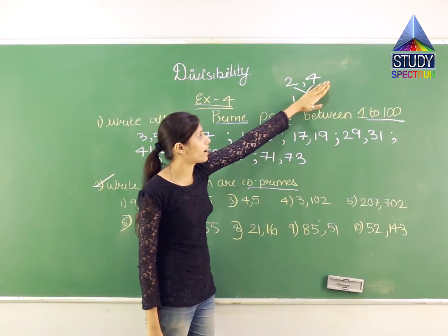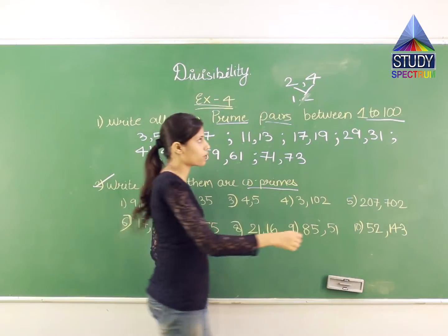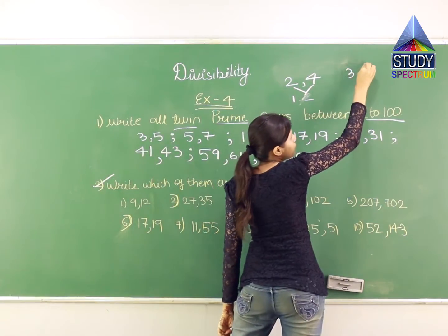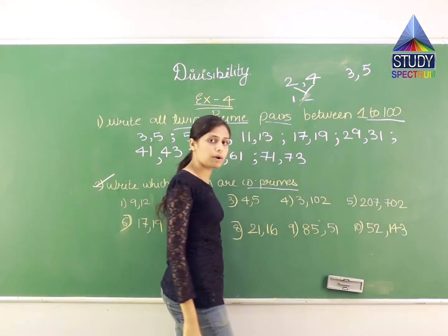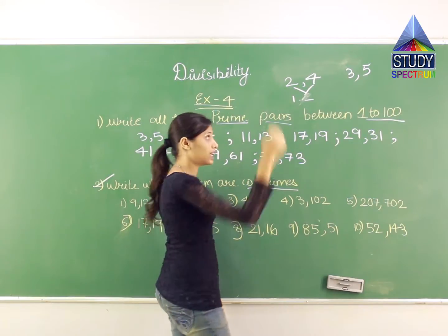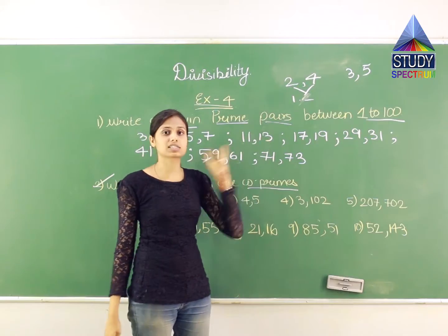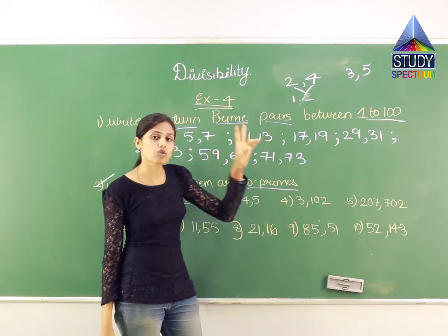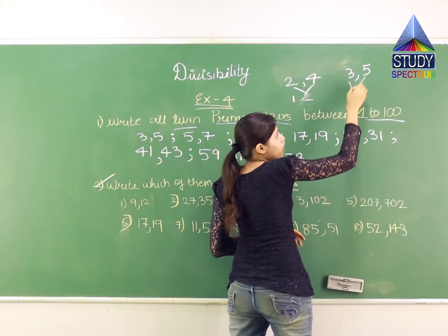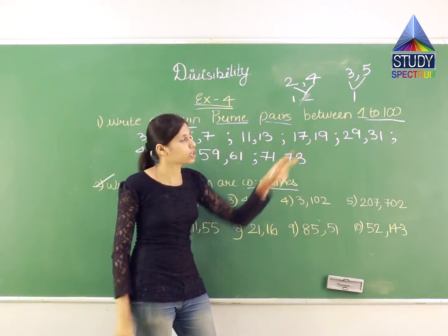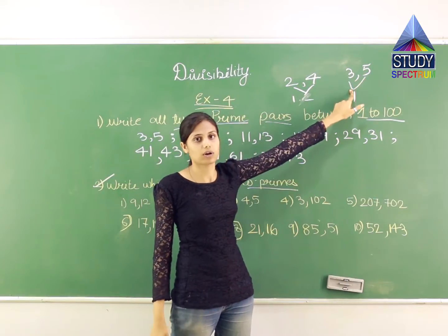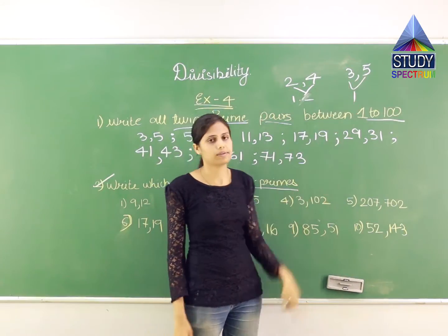The common factor should be what? 1. Suppose if I say 3 and 5, which common factor comes in both of these? Does it come in the table of 3, or the table of 5, or in whose table do both 3 and 5 come? So 1. The answer is 1. 1 3 are 3, 1 5 are 5. So these both come in the table of 1. This is allowed. I need only one factor which is 1.